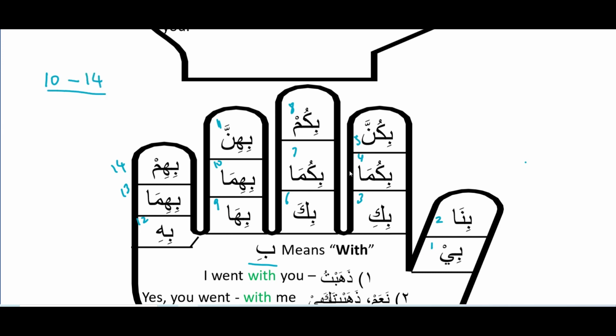This applies only to dhamir muttasil. If this dhamir muttasil is connected to a preposition, and that preposition has a lower vowel, in this situation the ba has the lower vowel, then for these five dhamir muttasil, huma, hunna, hu, huma, hum, the ha has to be in the lower vowel also.